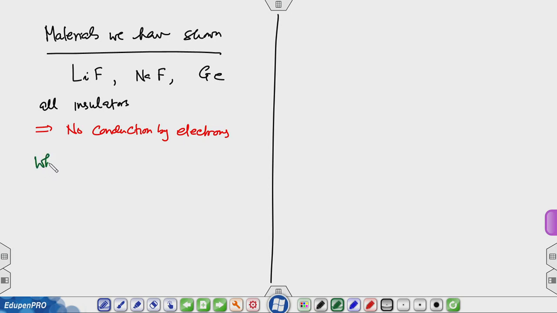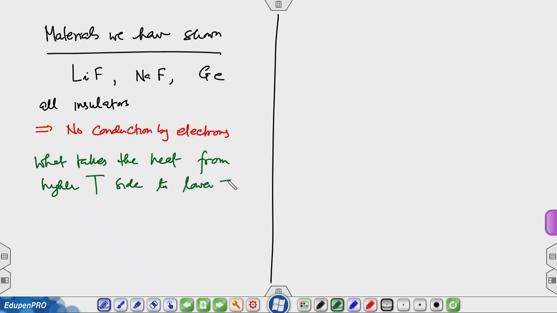So, question is what takes the heat from higher T side to lower T side? And the answer is that these are atomic vibrations.